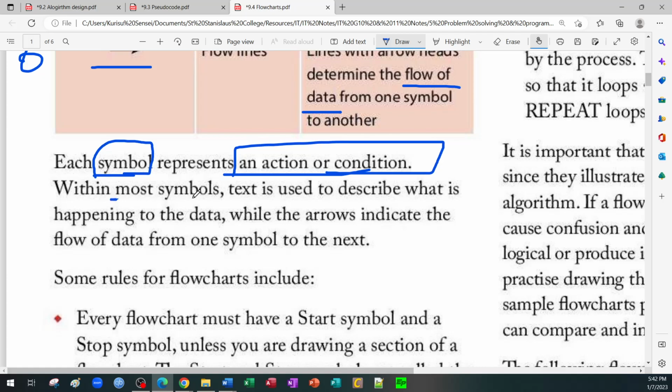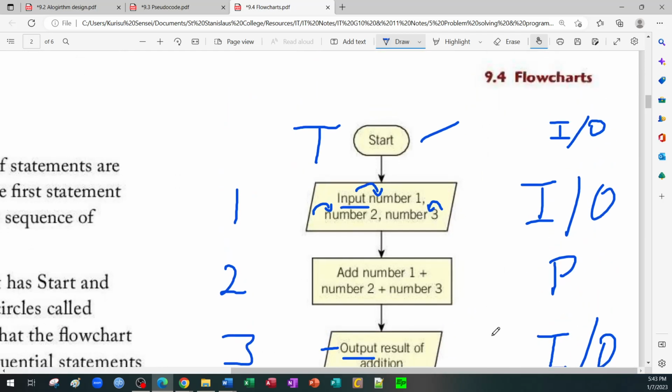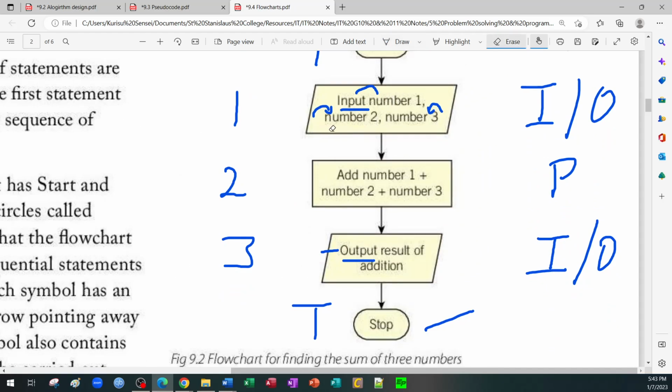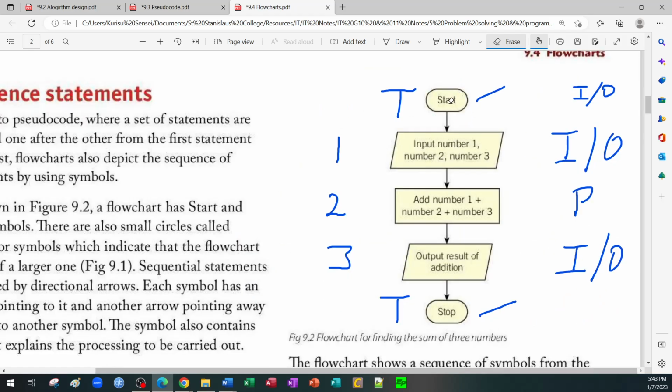Now, within most symbols, text is used to describe what is happening to the data, while the arrows indicate the flow of data from one symbol to the next. So we already covered that if you notice, in basically all the symbols, even though we know that the symbol represents start and stop, we still have that keyword inside of it.